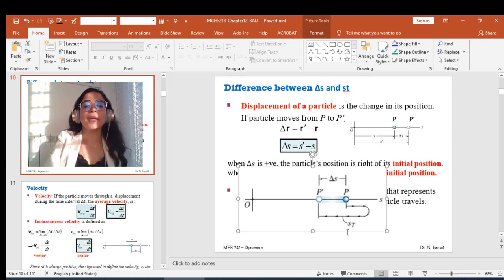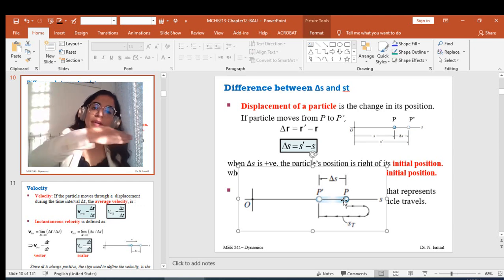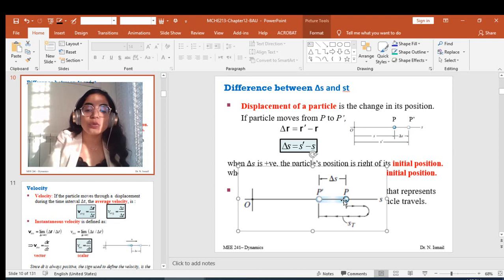Delta S is OP prime minus OP, which is here negative, because in fact this particle is going to the left side of O. It is going in the left side. So that's why, guys, here delta S is negative.